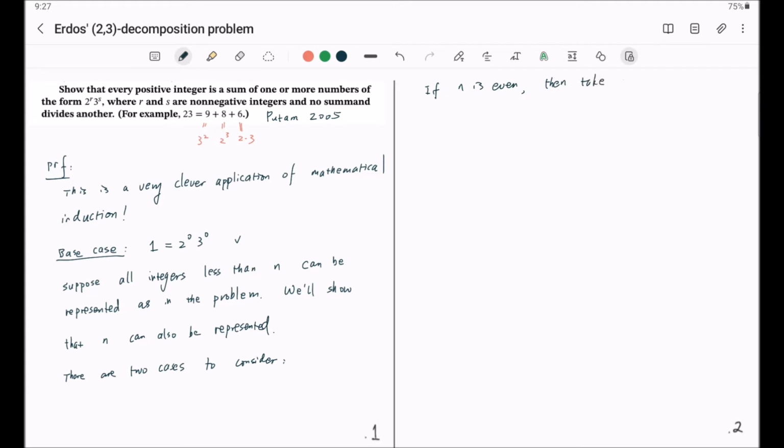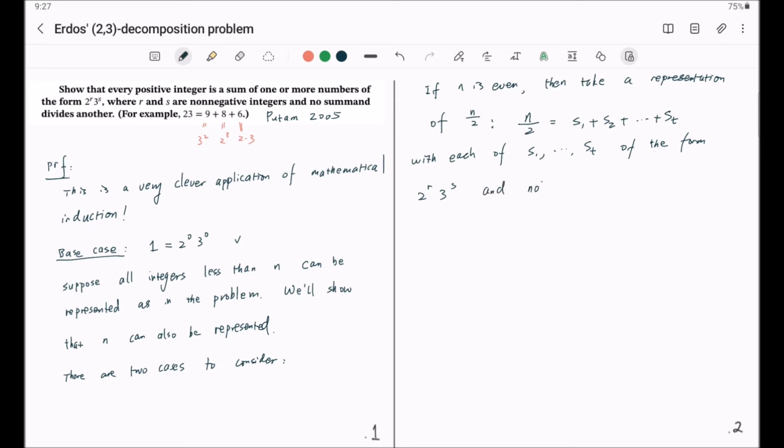we take a representation of half of it. Namely, half of n is written as s1 plus s2 plus dot dot dot plus st, with each of s1 through st of the form 2^r 3^s and not mutually divisible.